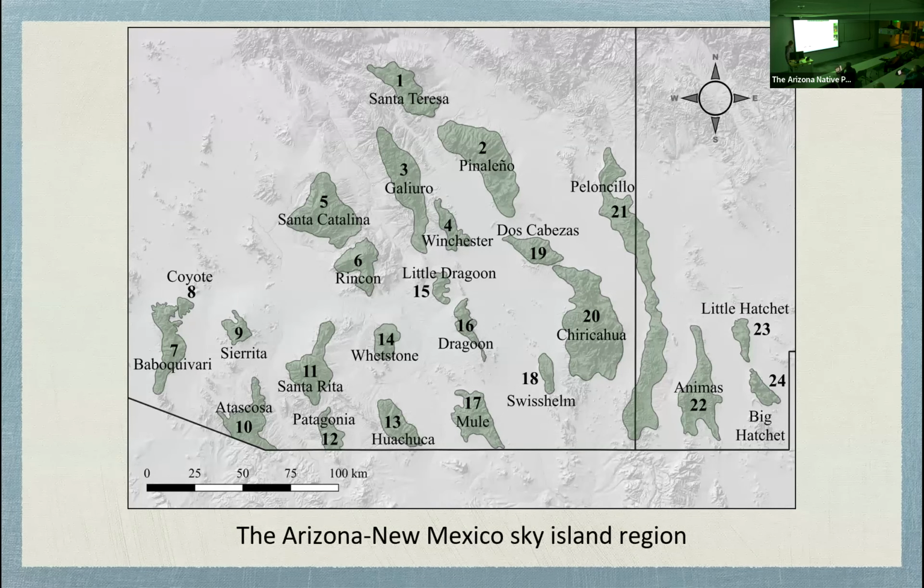The same is true in Babaquivari, which includes in our study Quinlan, as Deo et al. also did. Again, there's no clear differentiating line between those ranges. So Babaquivari includes Quinlan and Atascosa includes Tumacacori and Pajarito. And this is basically our range.